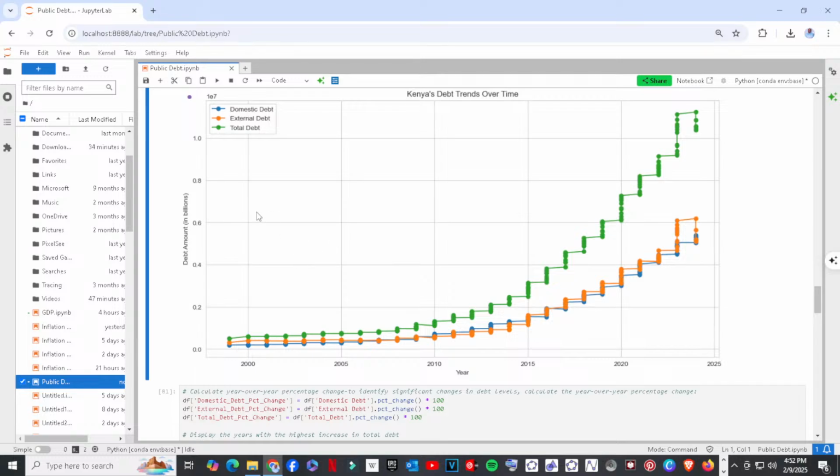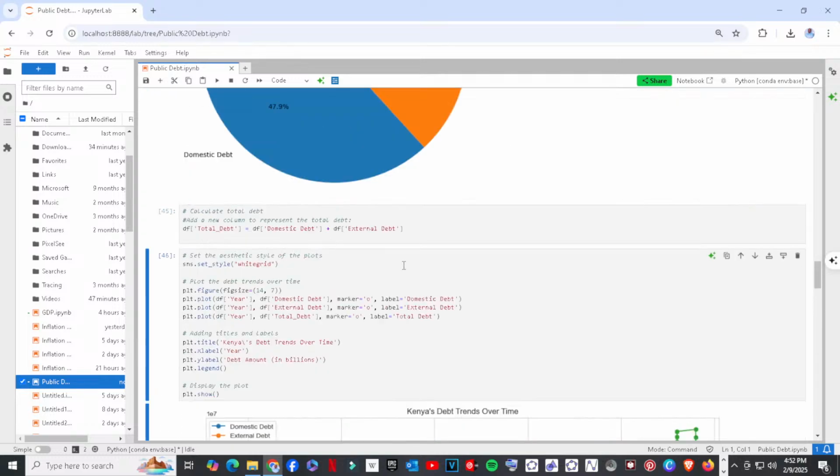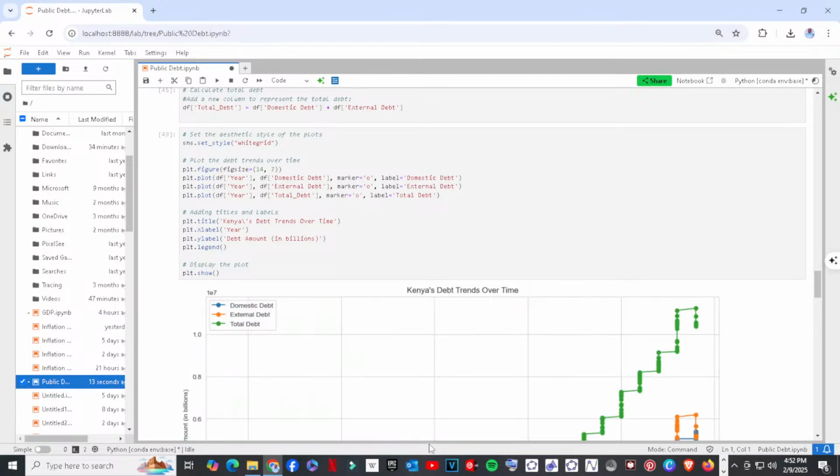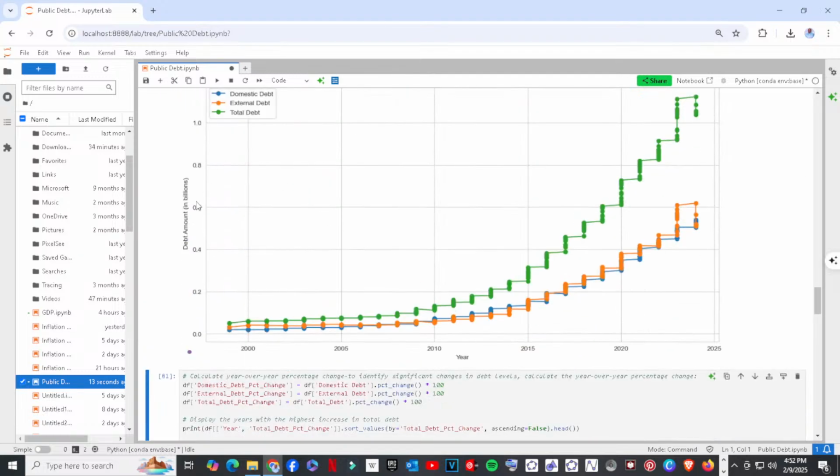So let's see. This is the curve, as we see. Let me run it. Yes, it's just that curve. So the debt amount should be in trillions.